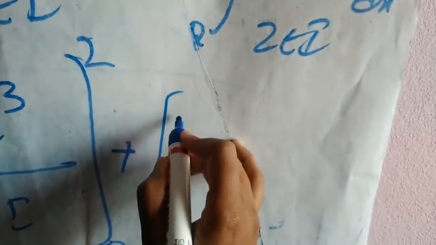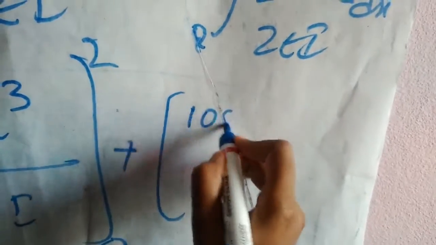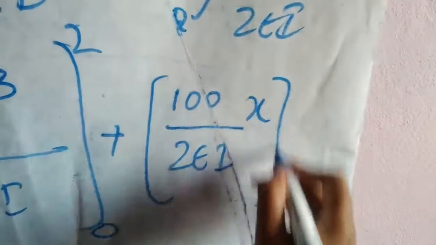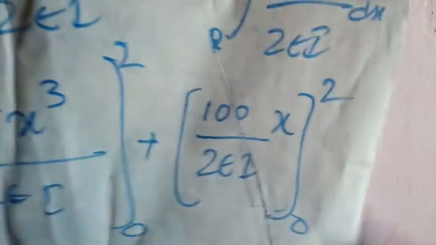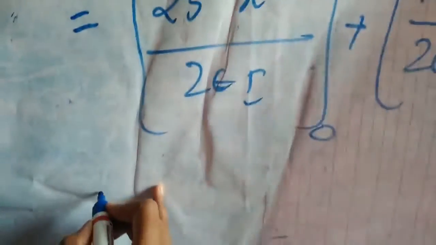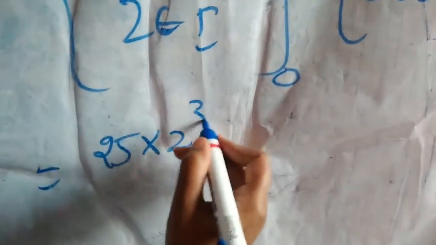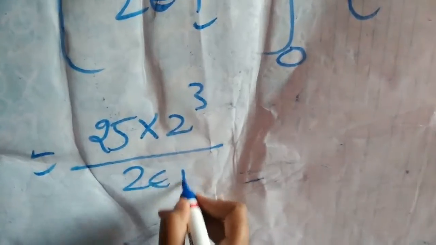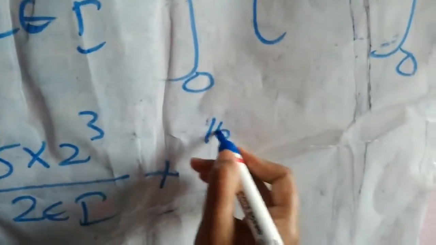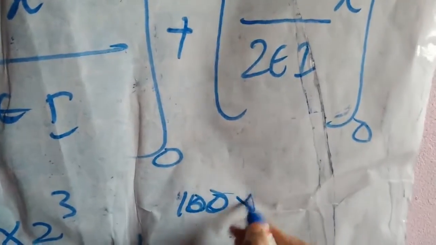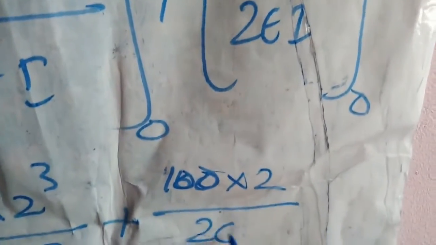Similarly, the integration of this one will become 10 square, 100, by 2EI into x, with limits 0 to 2. Now substitute the limits here: 25 into 2 cube by 2EI, plus, as the lower limit is 0, we get zero values, 100 into 2 by 2EI.